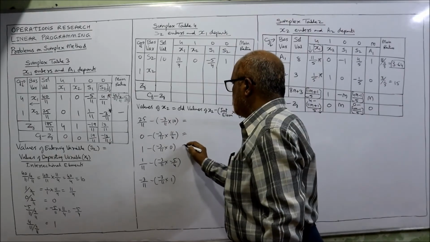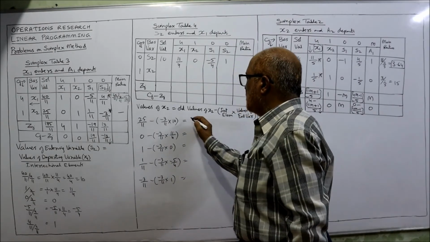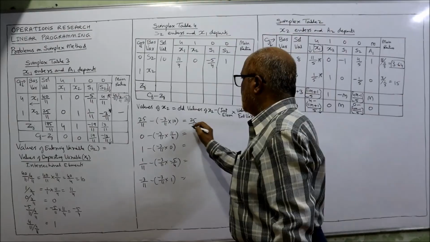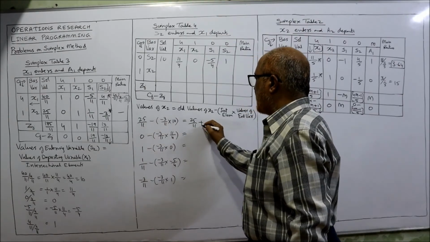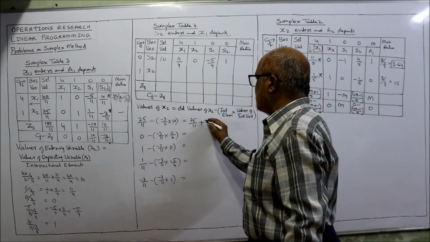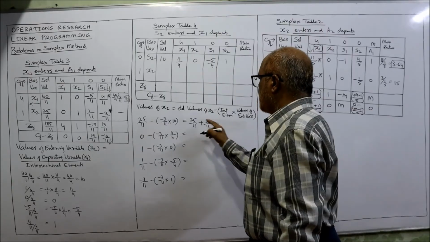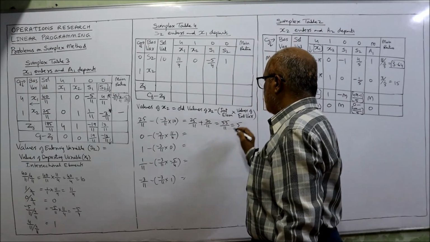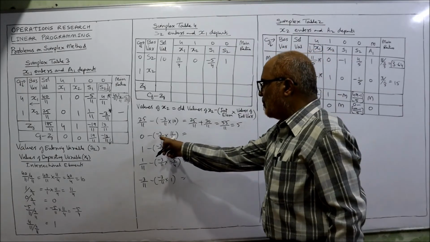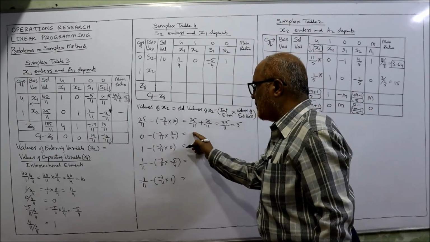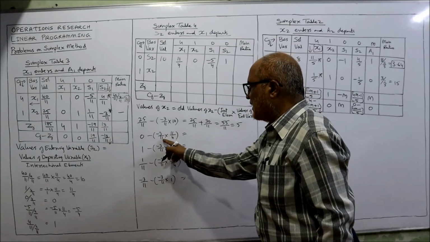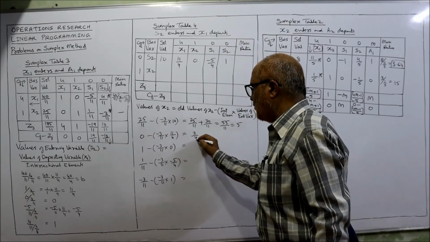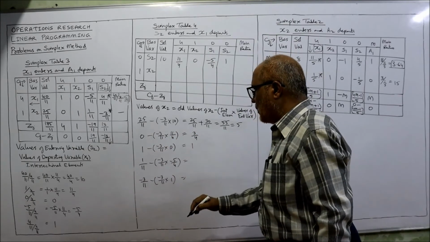That's it. Now calculations. 25 by 11, minus into minus will become plus, 3 into 10, 30 by 11. That comes to 55 by 11, since 11 fives are 55. 0 minus, so minus into minus will become plus, 3, 11 will get cancelled, 3 by 4. 1 minus 0 is 1.